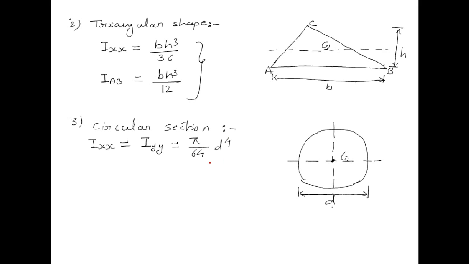So this is the moment of inertia of this circular section about axis XX and about axis YY. So this is pi by 64 into d to the power 4.